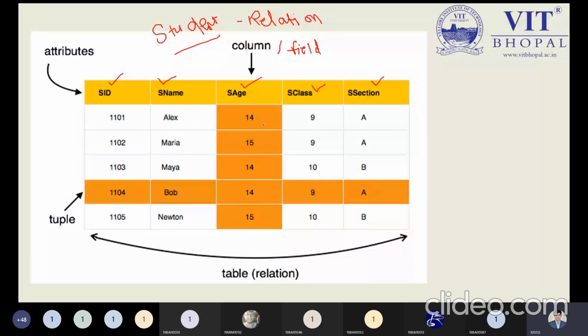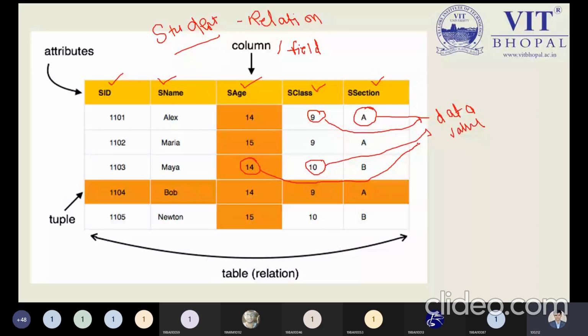All the values contained in a column are known as data values. So A is a data value of section. 9 is also a data value. Same thing, 10 is again a data value. Even 14 is also a data value. This is the point you need to keep in mind.